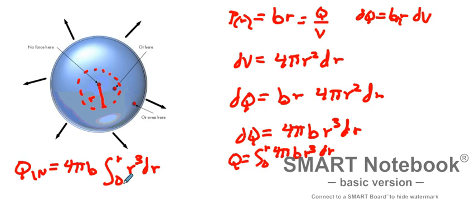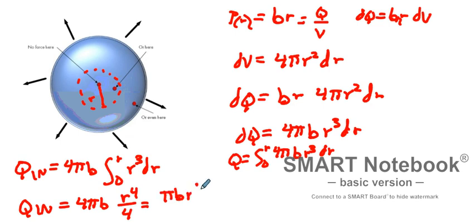And we're going to put limits of integration of 0 to r there. We know that q inside then, as a result, is going to equal 4 pi b multiplied by r to the 4th divided by 4, or that's going to equal pi b r to the 4th. So that's what our q inside is going to equal.